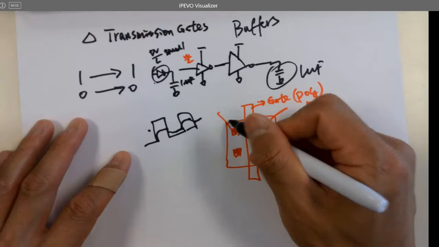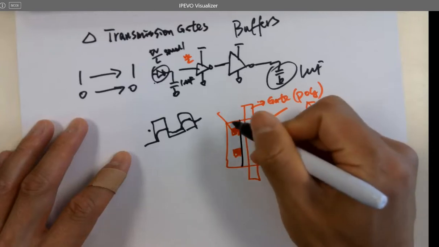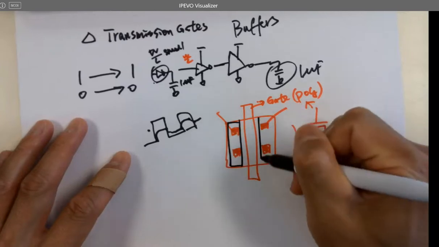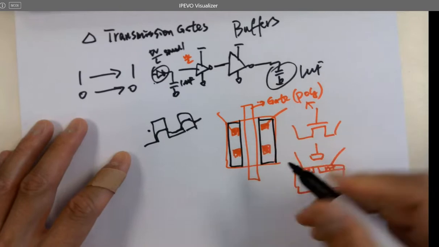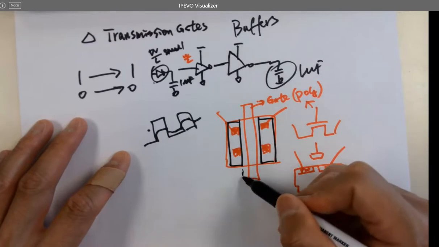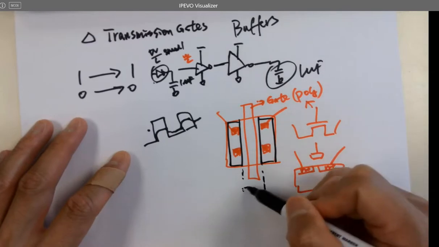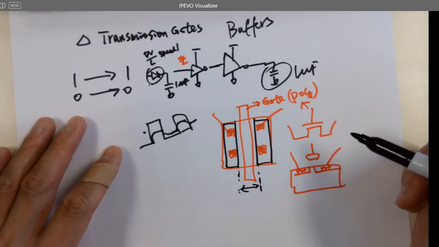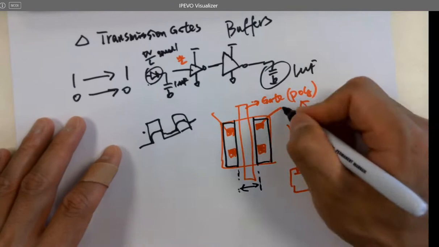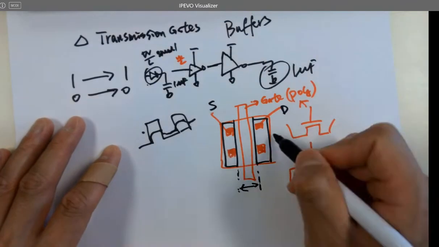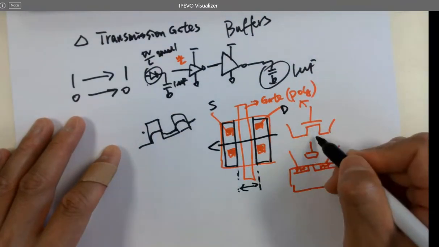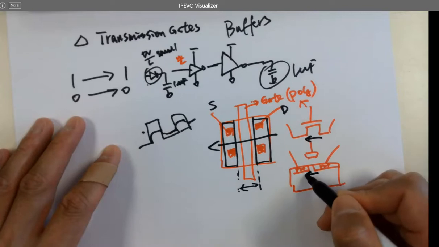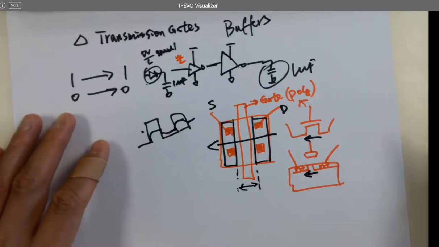So here's metal one. Is this the length or the width? Drain to source, so current flows that way. That's the channel length.